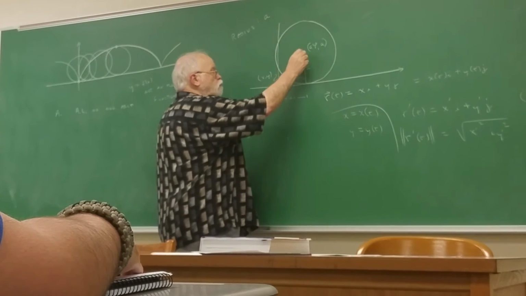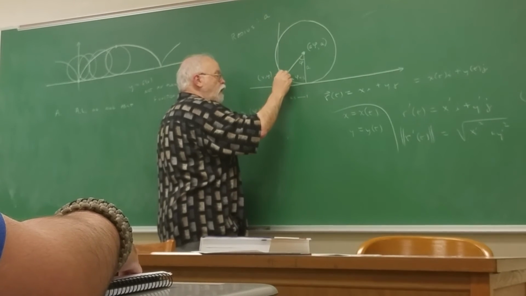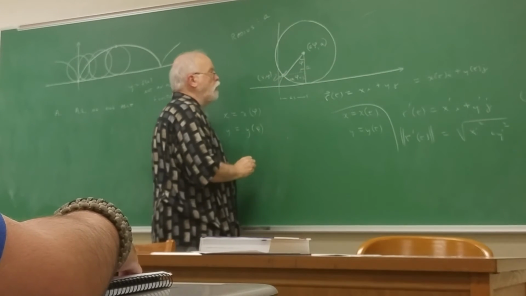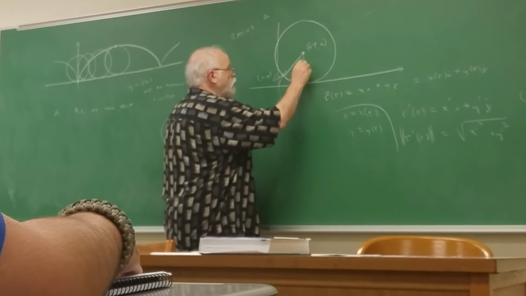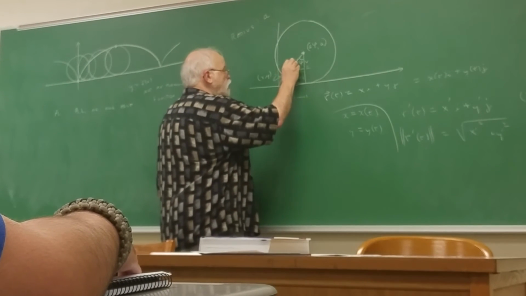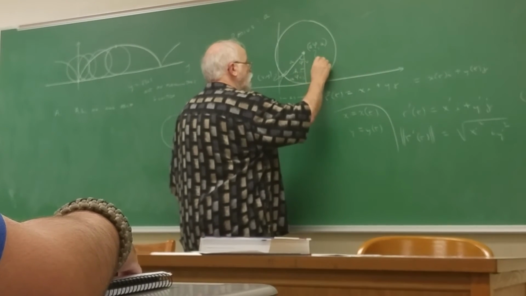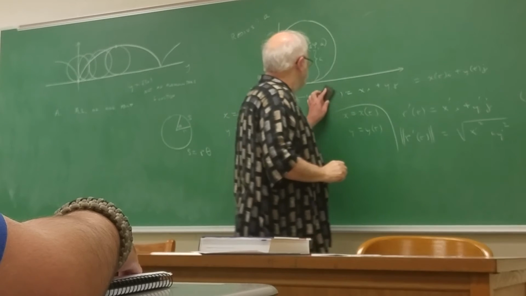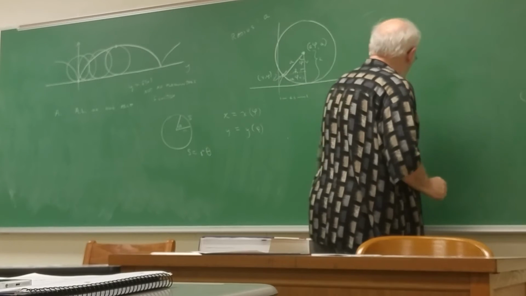But now I want to work my way from the center to the edge, and what I'm going to do is draw this perpendicular here, so that I've got a horizontal distance and a vertical distance, and this slanted distance. V is the vertical up to here. My question is, if I know H and V, then what about X and Y?